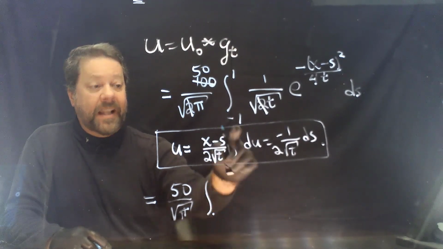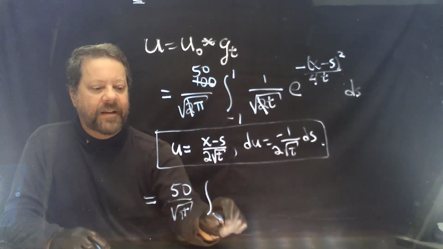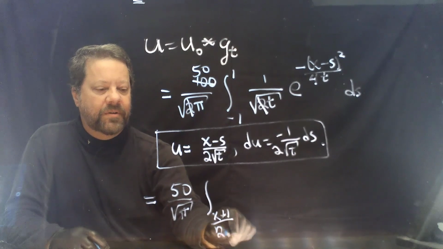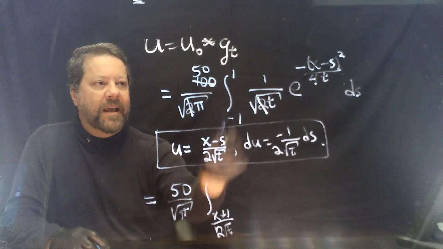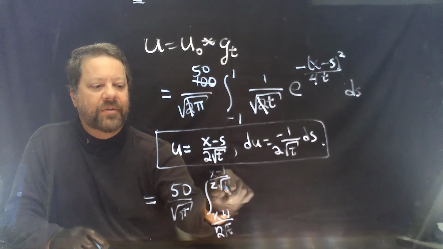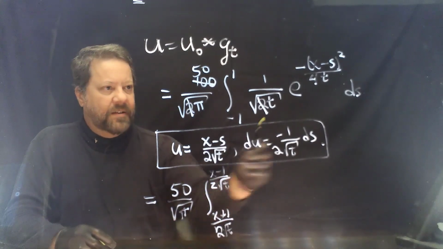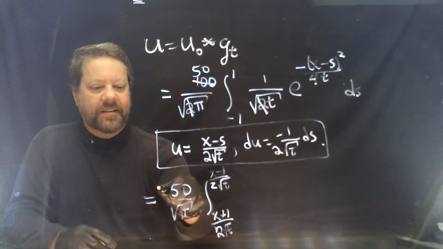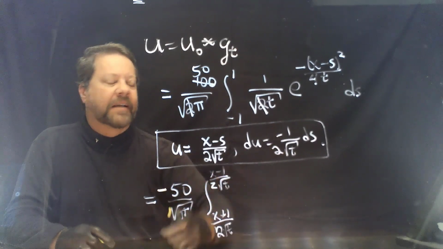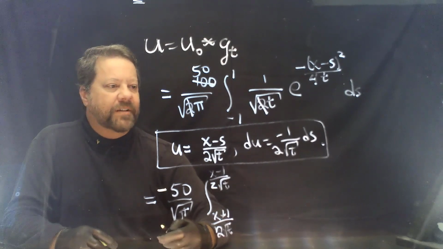The limits of integration transform: at negative 1 we'll have x plus 1 over 2 root t, and then at 1, x minus 1 over 2 root t. We'll have a minus here. We'll take care of this minus later by reversing the order of integration.